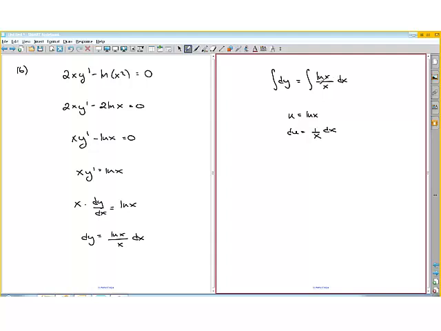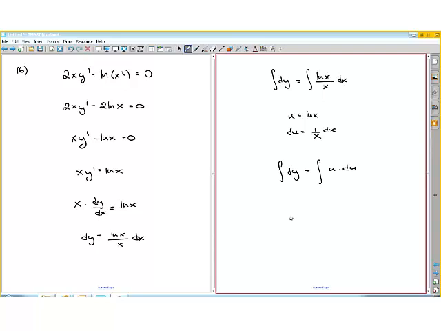You can see this part is u, this part is du, and that becomes a polynomial in terms of u. So we can transform this equation to u times du.